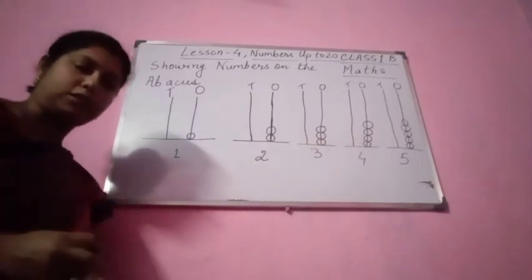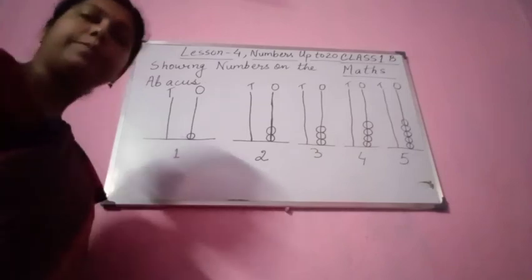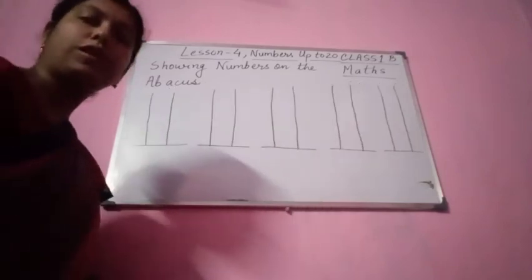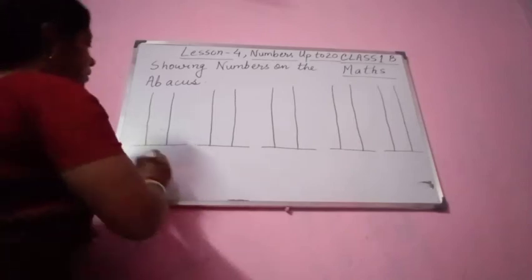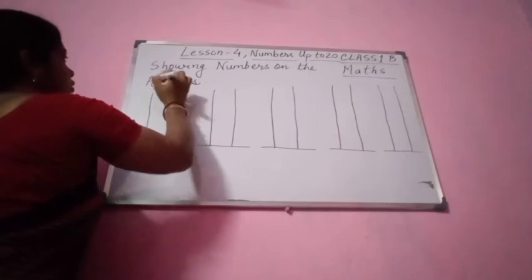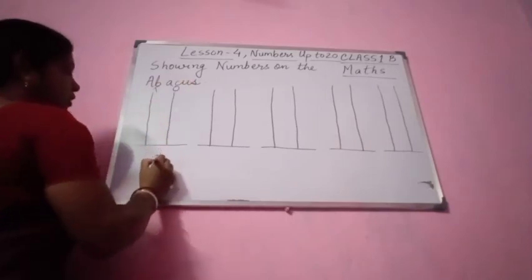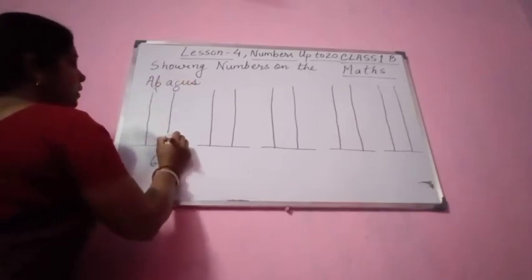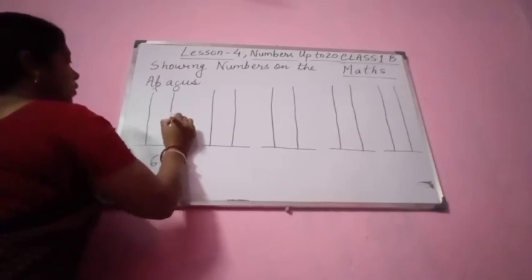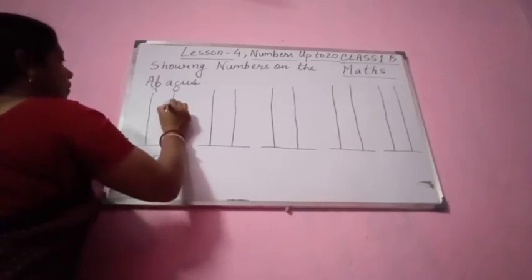Now from 6 to 10 we will be doing. From 6 we will be drawing the beads on the abacus, on the spikes. Let us write down one sentence. Here I will be showing 6, so you draw 6 beads here: 1, 2, 3, 4, 5, 6.